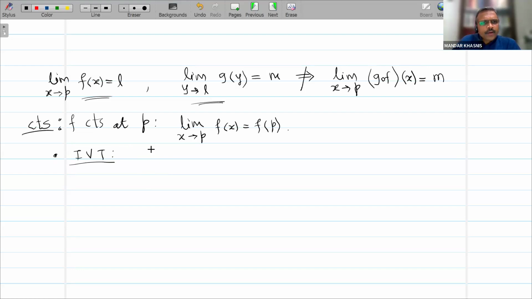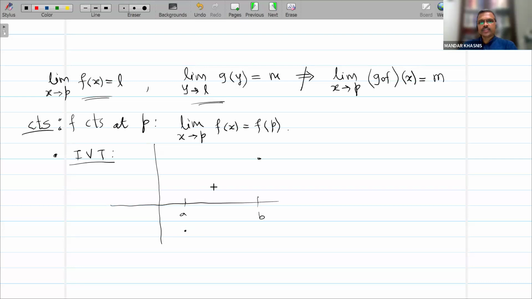So what is the version? I can just have a simple version. Take two points A and B, A less than B, and at these points the function takes different signs: f of A is less than 0, f of B is greater than 0. If that is happening and the function is continuous, it has to cut the x-axis at least once.